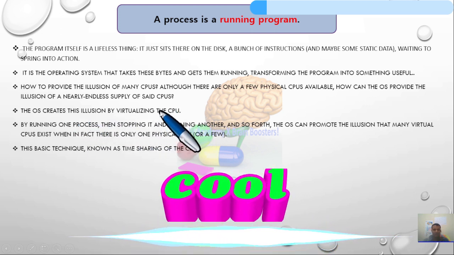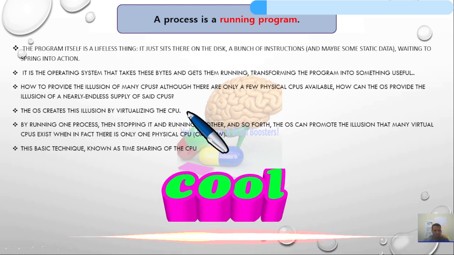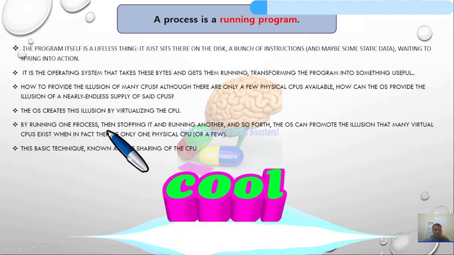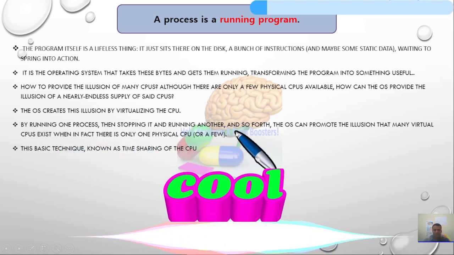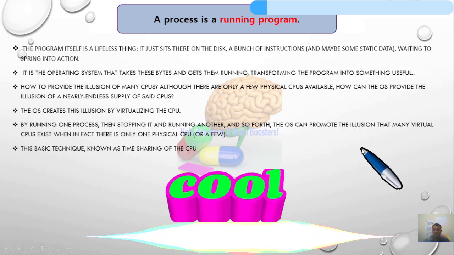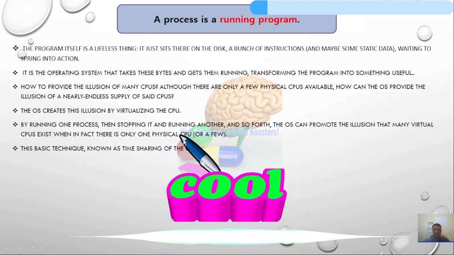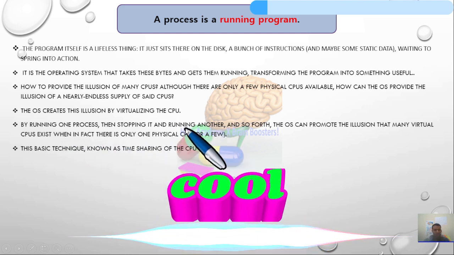Virtualization means it creates virtual CPUs and memory. By running one process, then stopping it and running another, and so on, the operating system can promote the illusion that many virtual CPUs exist when in fact there is only one physical CPU or a few.